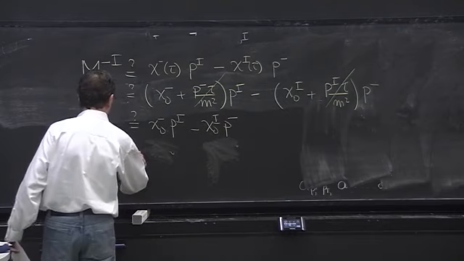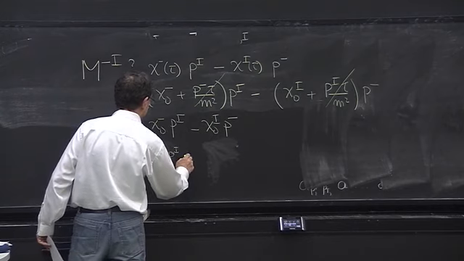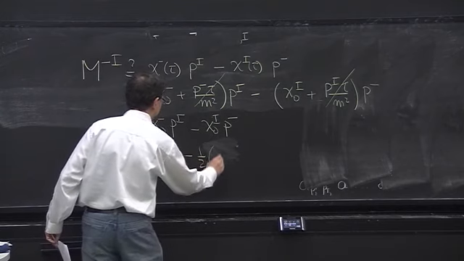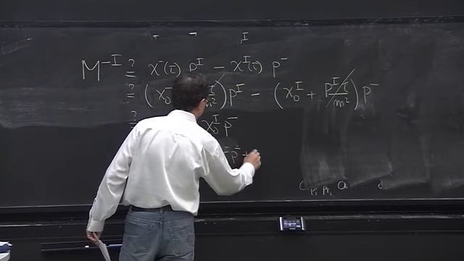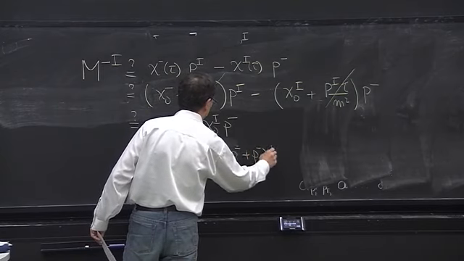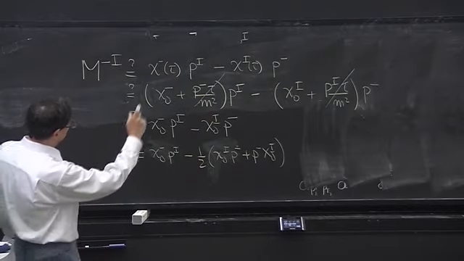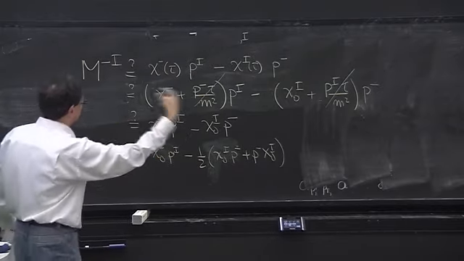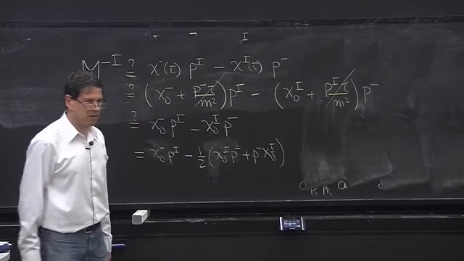So you try your best and you say, okay, m minus I is 1/2 of x0 I p minus plus p minus x0 I. You make it Hermitian by hand. You take the operator plus its Hermitian conjugate, and you divide by 2.